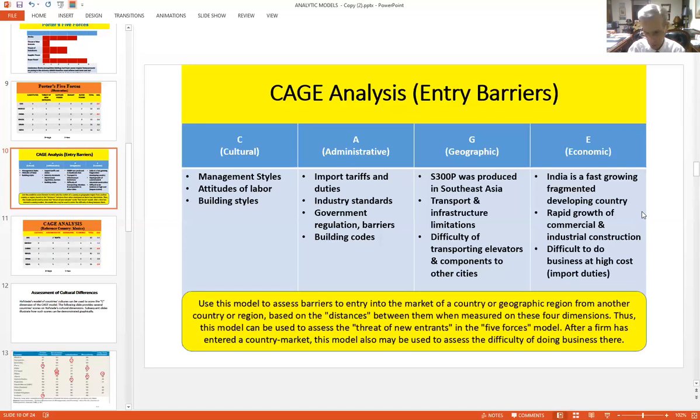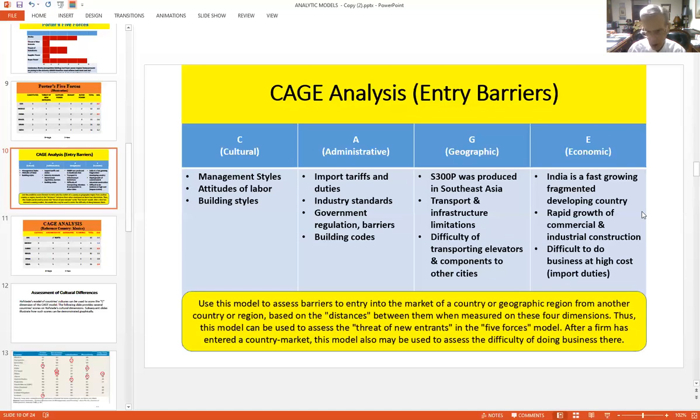So in India, by way of example, the ability of the majority of people to afford really comfortable apartments, let alone homes, but apartments and living conditions is somewhat limited.